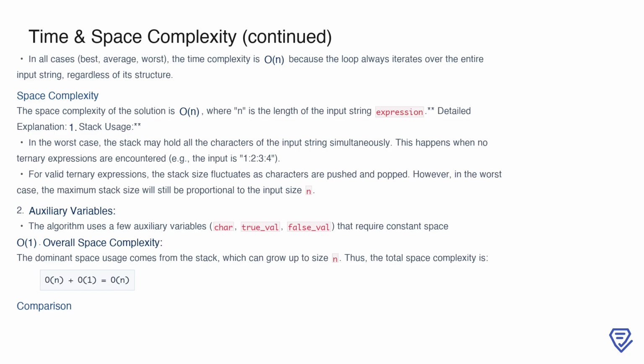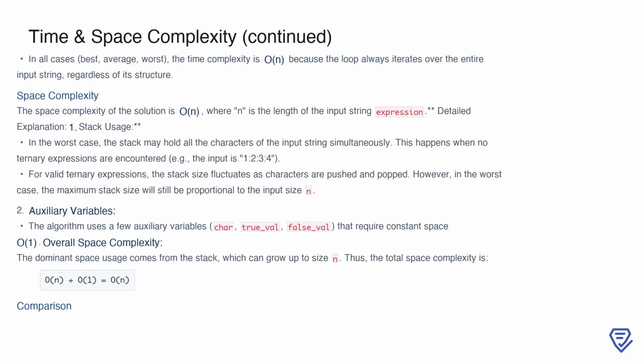This is primarily due to the stack usage. In the worst-case scenario, the stack could hold all characters from the input string. For example, if the input contains no ternary expressions and is just a sequence of values like 1 2 3 4, the stack grows proportionally to the size of the input.